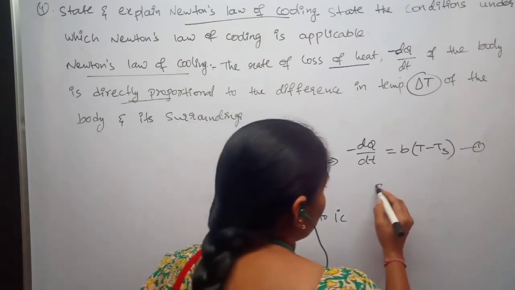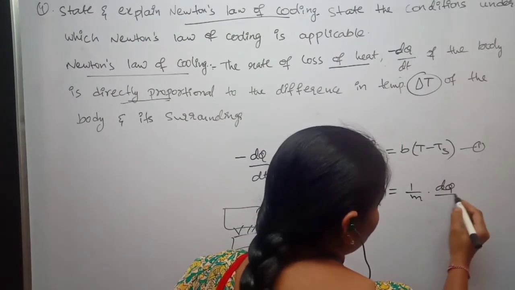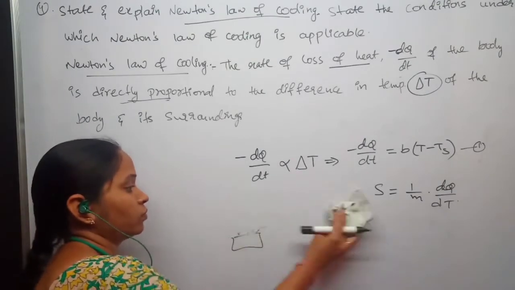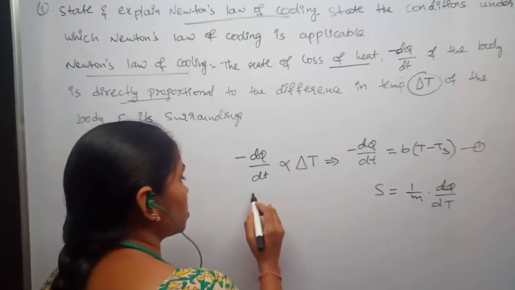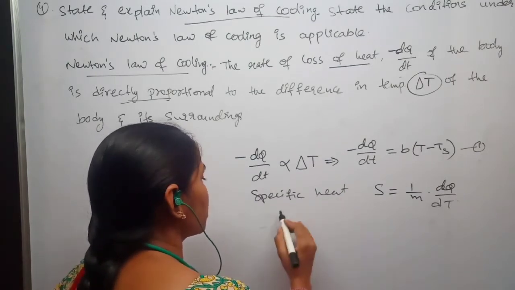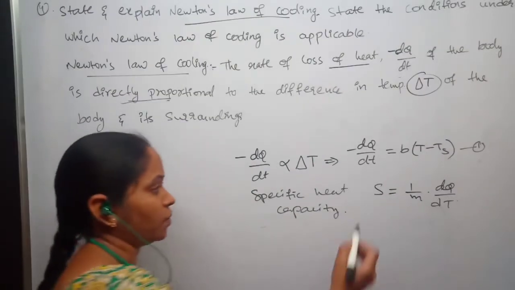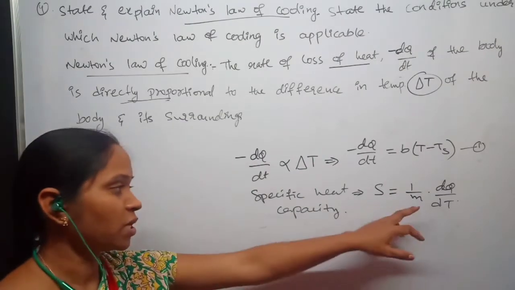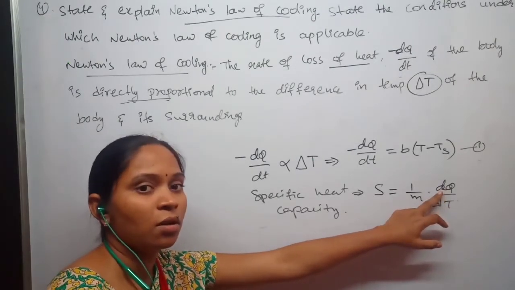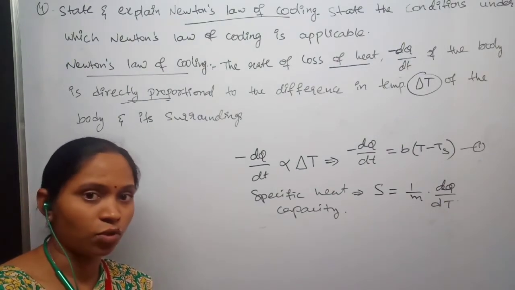And the equation is given as S is equal to 1 by m times dq by dT. This S is the specific heat capacity. m is the mass of the substance, dq is the change of heat and dT is the change in temperature of the body.